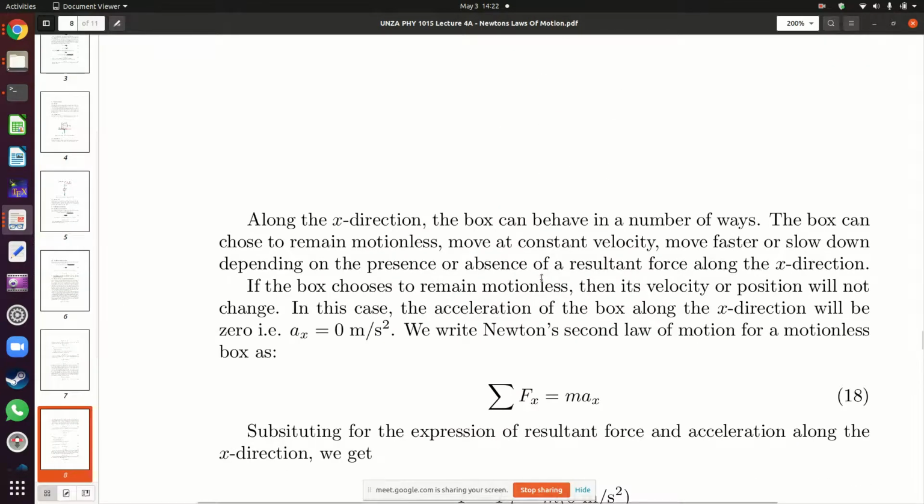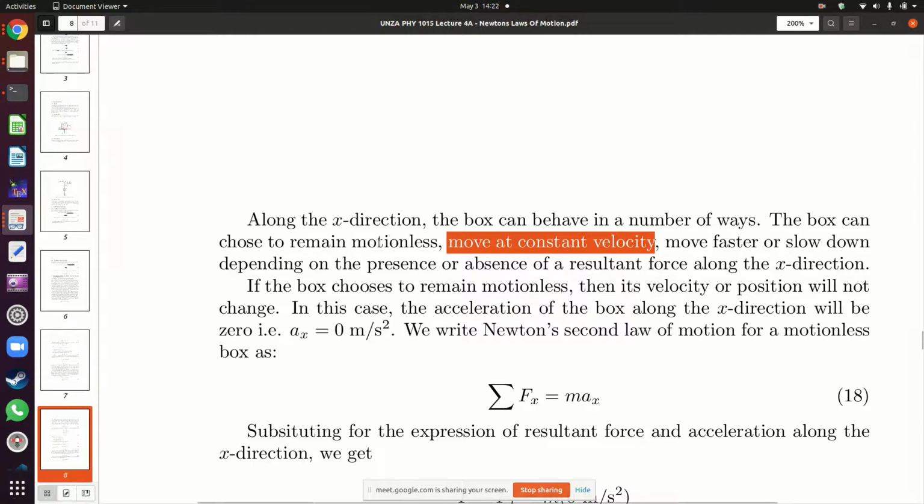With this resultant force, we can investigate what's happening to the box. There are a couple of ways our box can behave along the x-axis. The first way is that the box can remain motionless, staying there without moving. The other way is that the box can move at constant velocity.